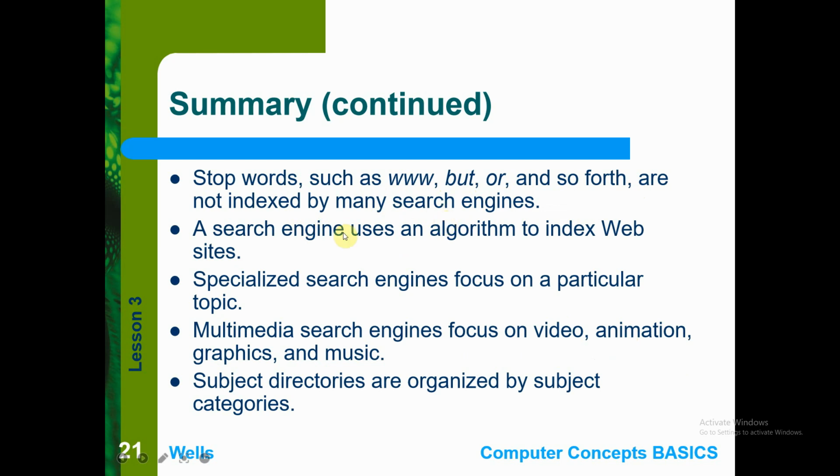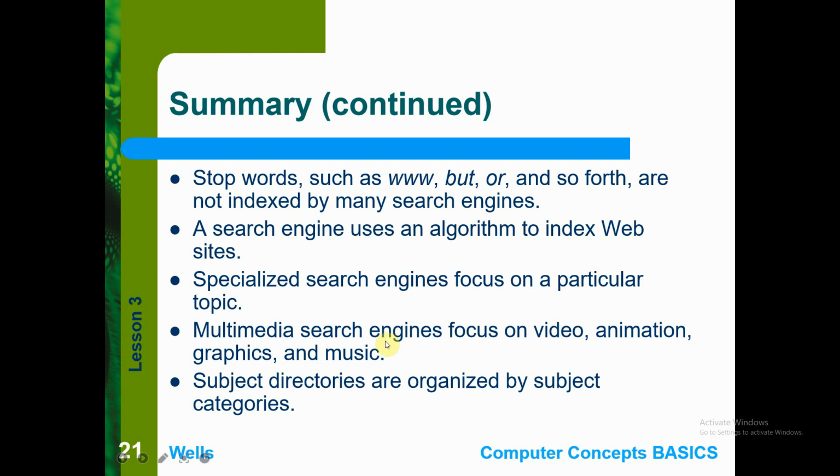And a search engine uses an algorithm to index websites. And specialized search engines focus on a particular topic. Also used for images, videos, music files, and multimedia search engines. Ano ito, example for specific and specialized type of search engines.